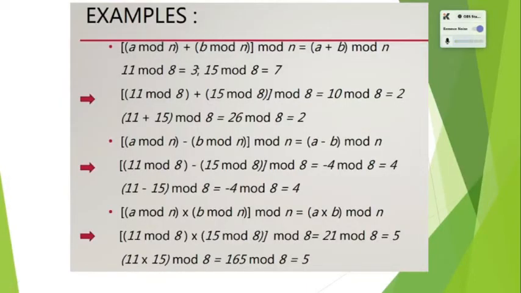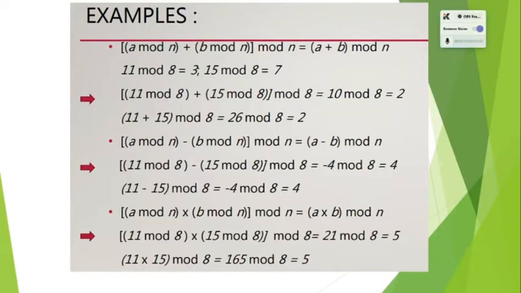So ito, more examples. So, A mod n plus B mod n, multiplied by mod n, is equal to A plus B mod n. So, in this one, 11 mod 8 is equal to 3 and 15 mod 8 is equal to 7. Okay? So, dito, inadd niya yung dalawang mod.